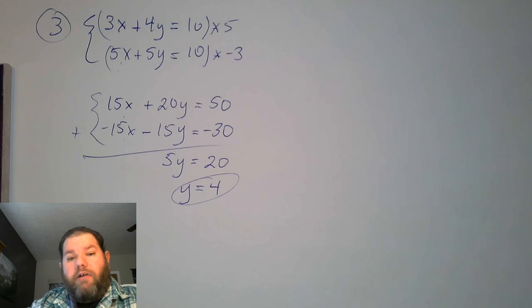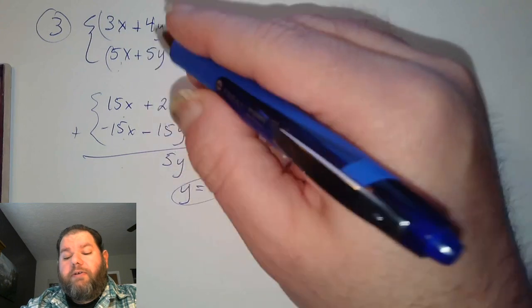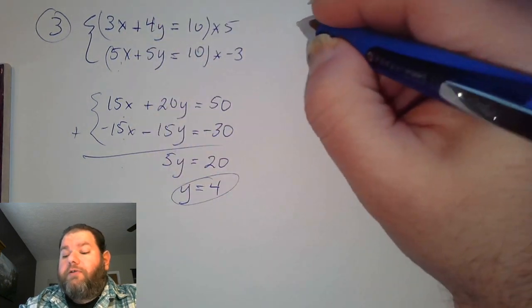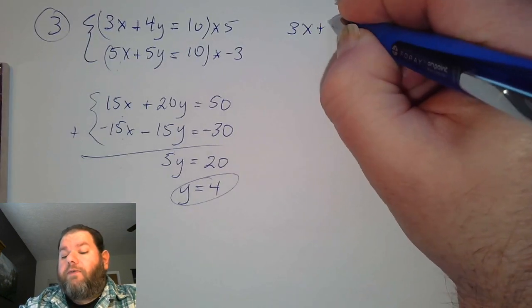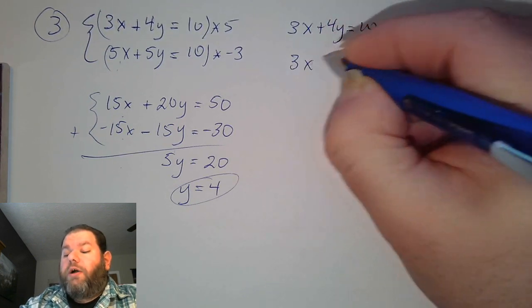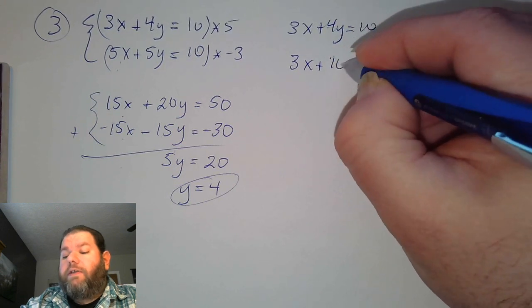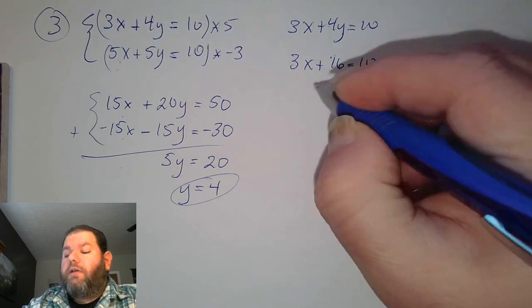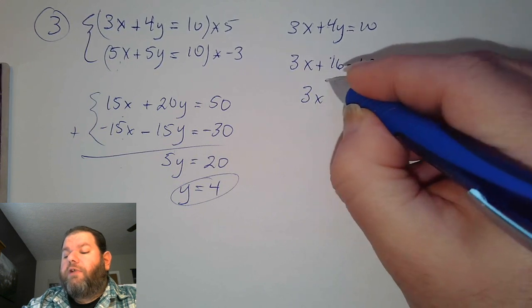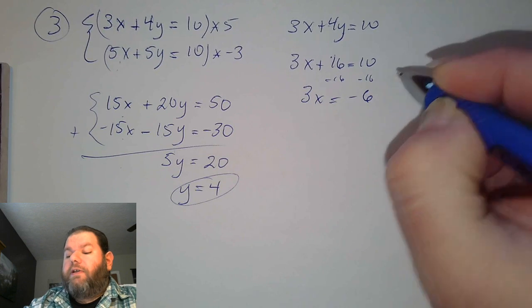And now we need to figure out what x is. We can pick any of these equations, but I'm going to use the first one here, 3x plus 4y equals 10. We know that y is 4, so 4 times 4 is 16. Subtract our 16 over, so 3x is negative 6.